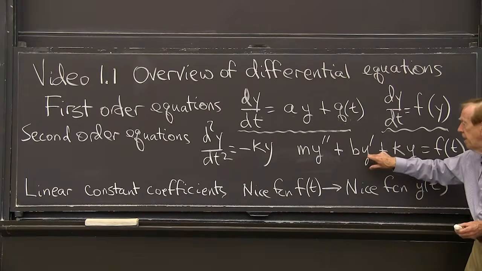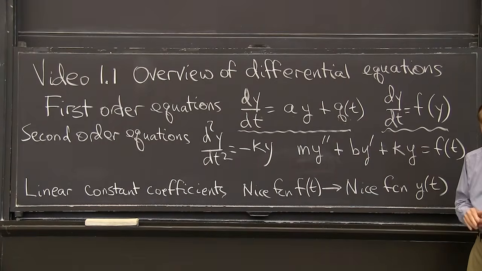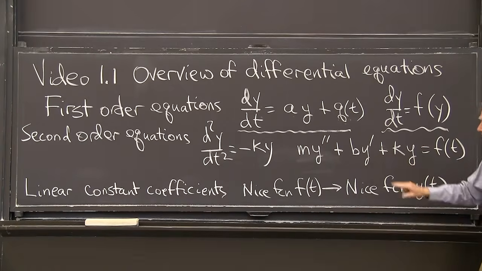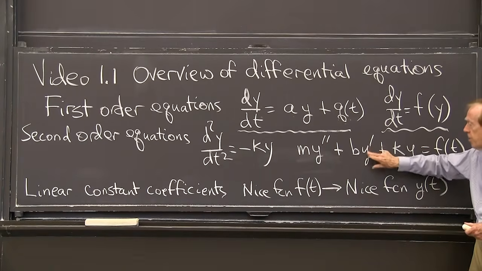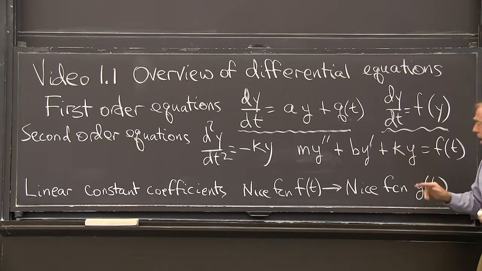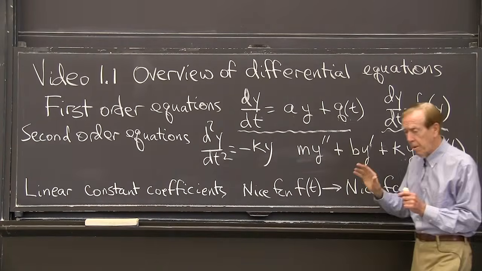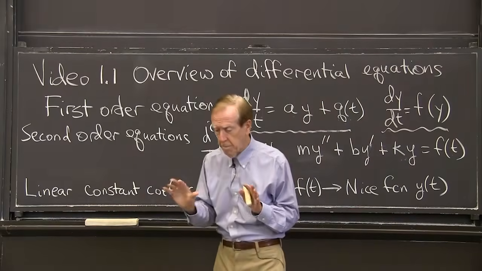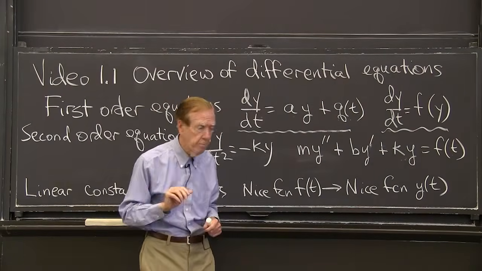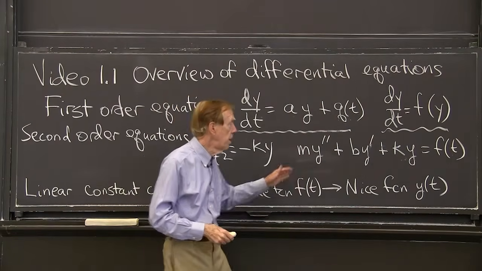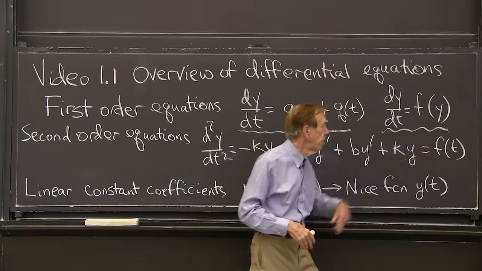Then there could be some damping. If I have motion, there may be friction slowing it down that depends on the first derivative, the velocity. And then there could be the same kind of force term that depends on y itself. And there could be some outside force, some person or machine that's creating movement, an external forcing term.